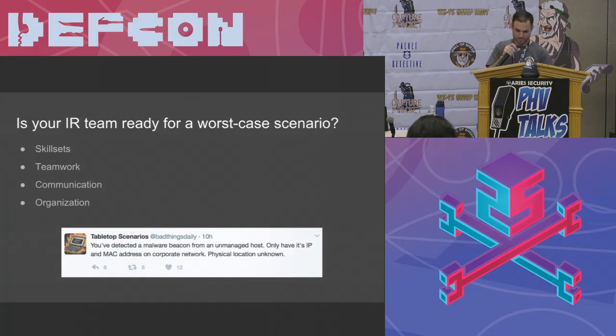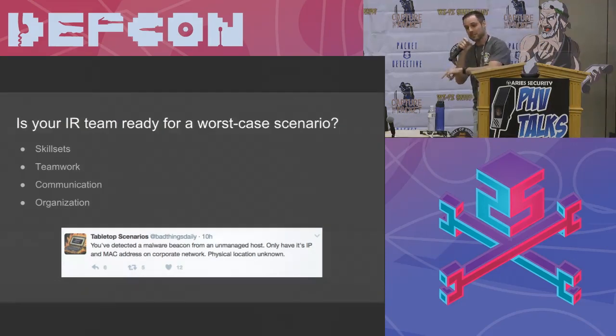What do you do, right? Does your team have the skill sets that are required to operate in a situation like that? More importantly than the skill set, do they know how to work together as a team when the shit hits the fan? Or do they all run off into separate rabbit holes and stop talking? Which is probably more likely.